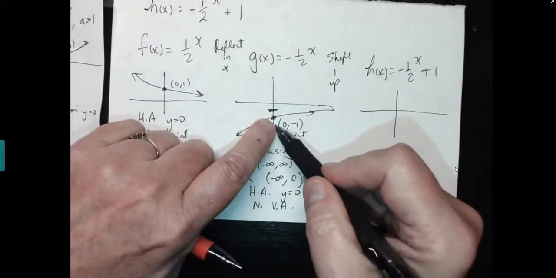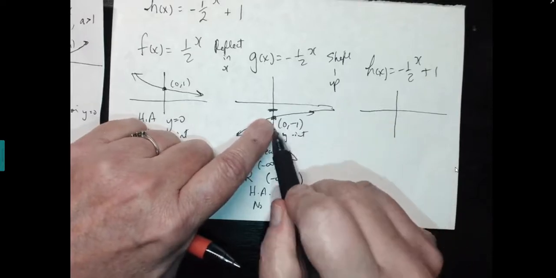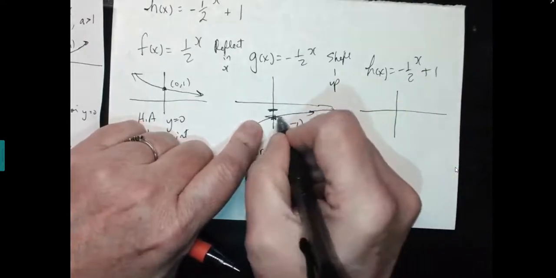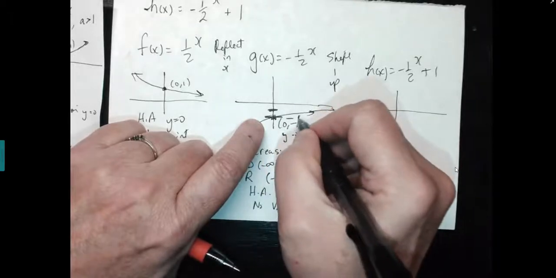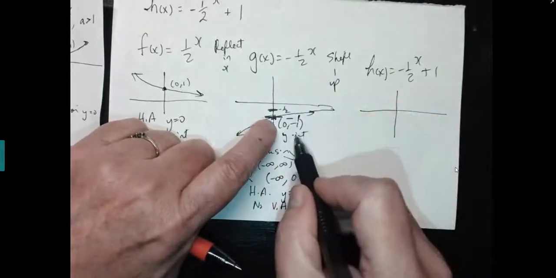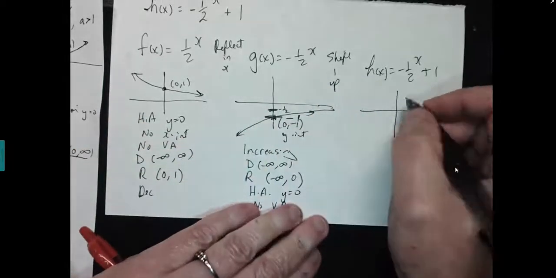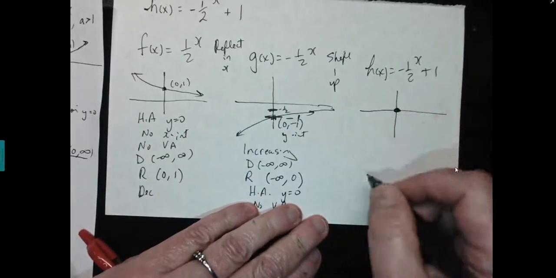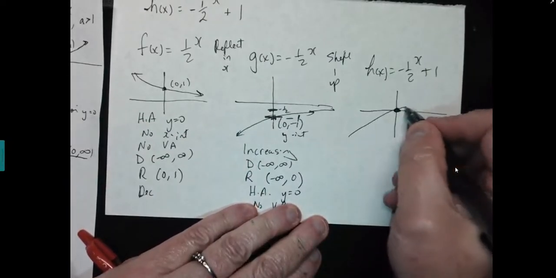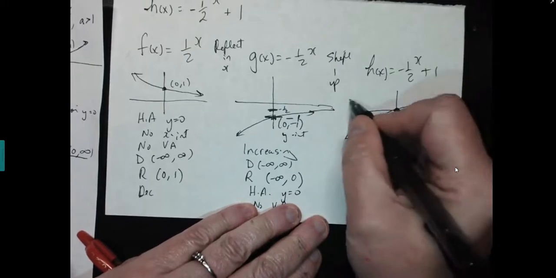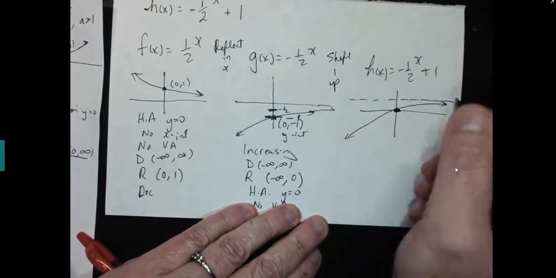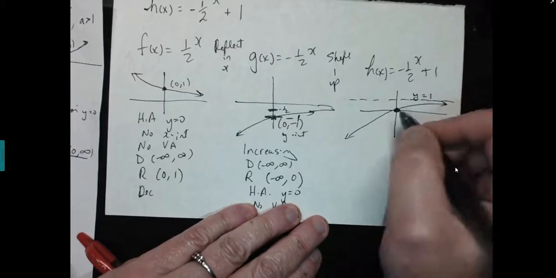So my new y-intercept, that's going to be at -1, so that would be -1/2. If I take this and shift it 1 unit up, that's going to put it there. And my new horizontal asymptote is going to be y = 1.